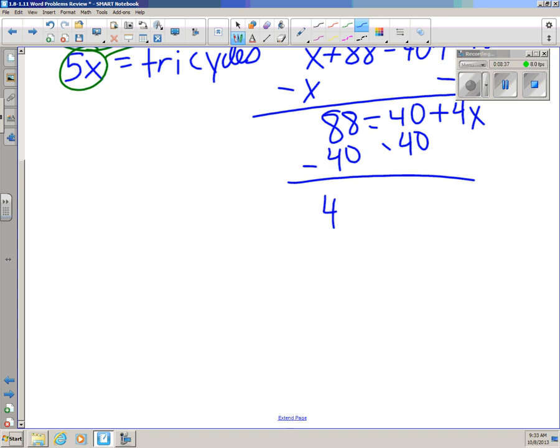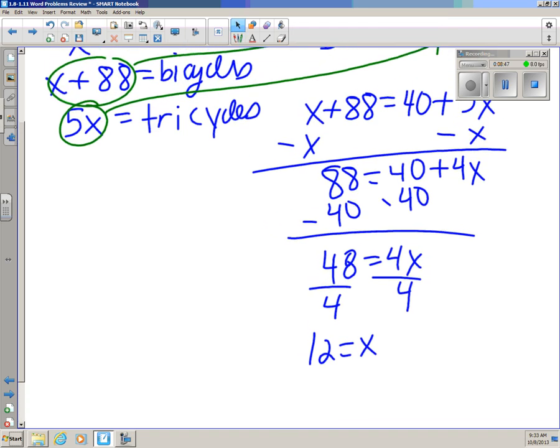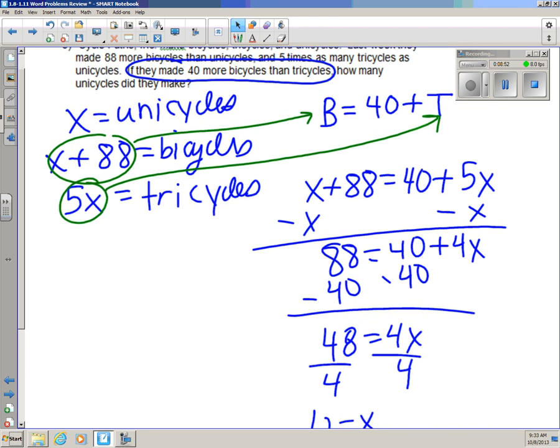And then we get 48 equals 4x. Divide by 4, divide by 4, 12 is x. So x is 12. If I go back up to what I set my stuff to be, x was supposed to be unicycles, and that's what they wanted. So I know that they made 12 unicycles.